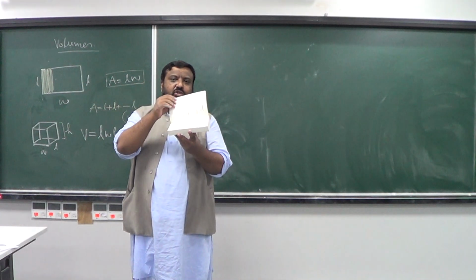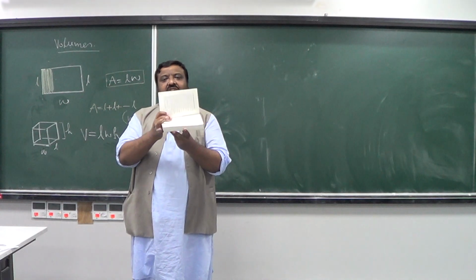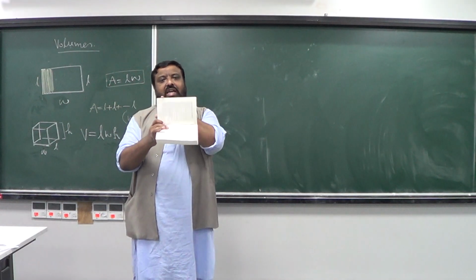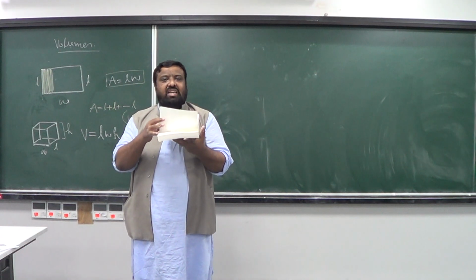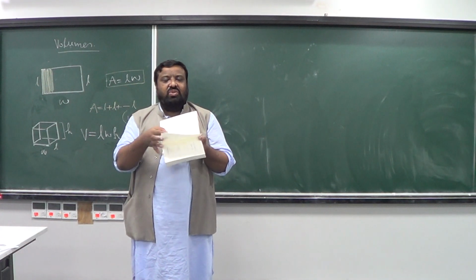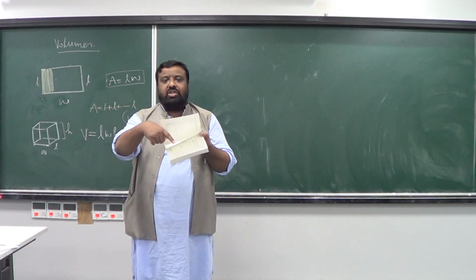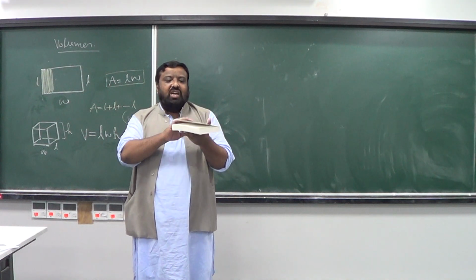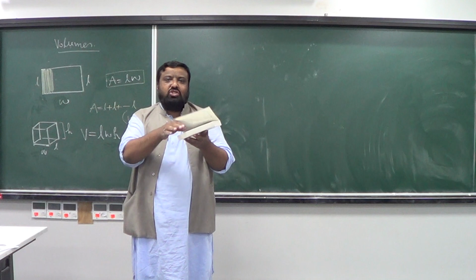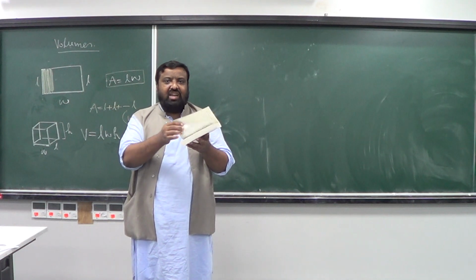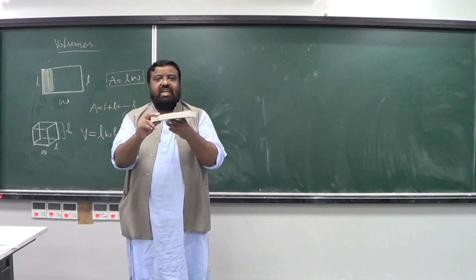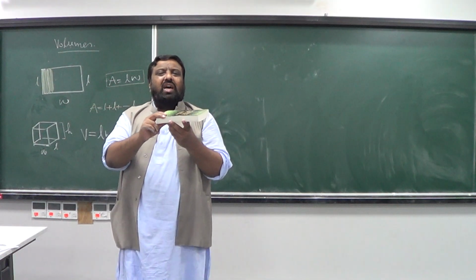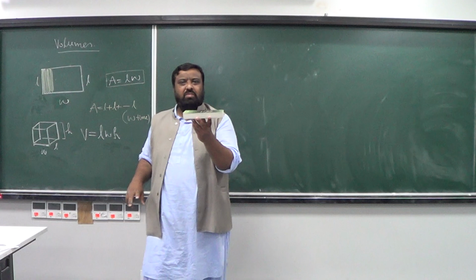This is page 1 that has area length multiplied by width. This is page 2 that has area length multiplied by width. If you put a lot of pages together on top of each other, you get the volume of this object.